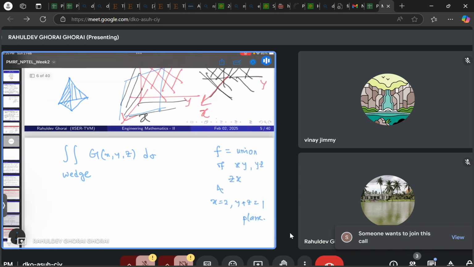So this formulation you mainly have to find out, right? I will also give d sigma. d sigma will be the magnitude of gradient of f over the magnitude of gradient f dot p, times dA, the infinitesimal surface area.